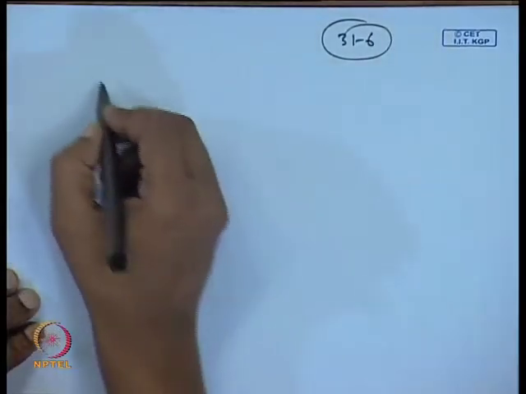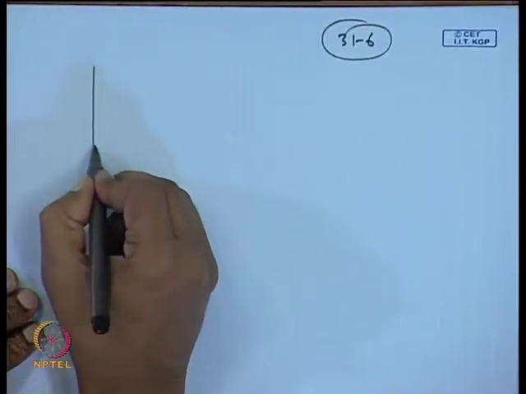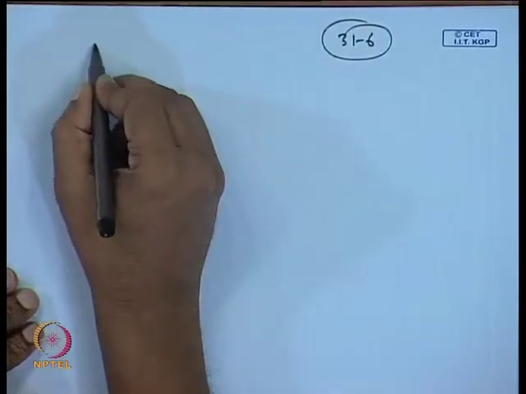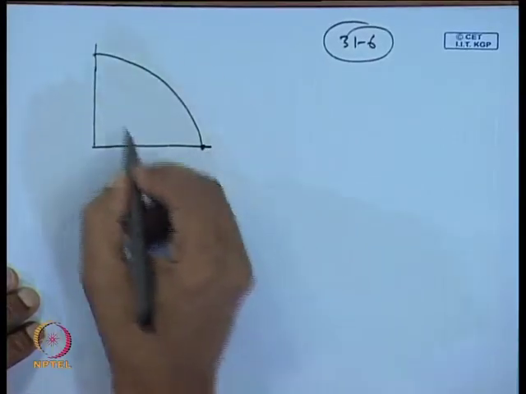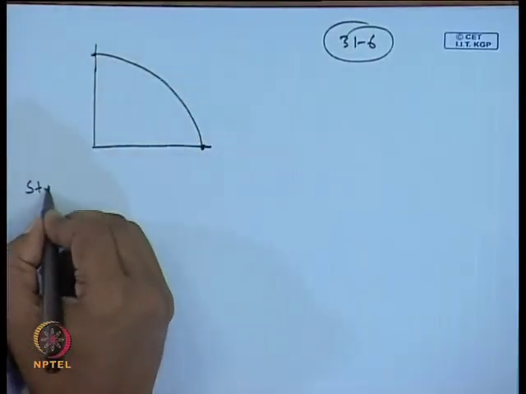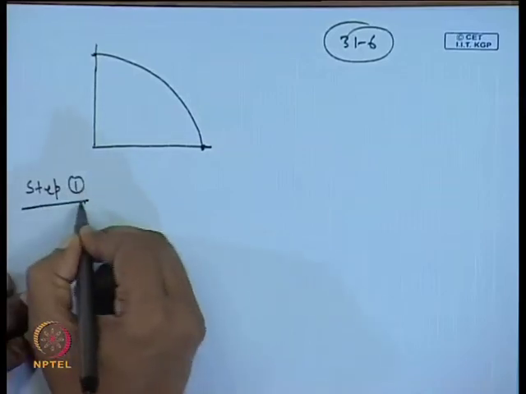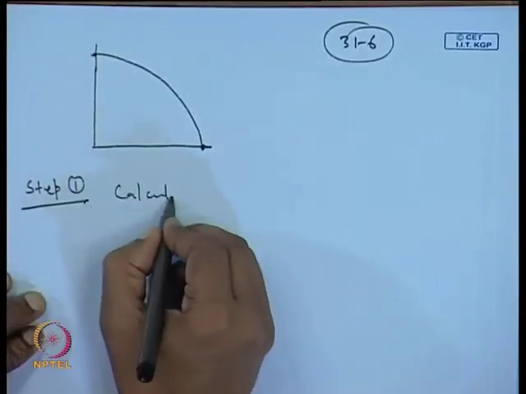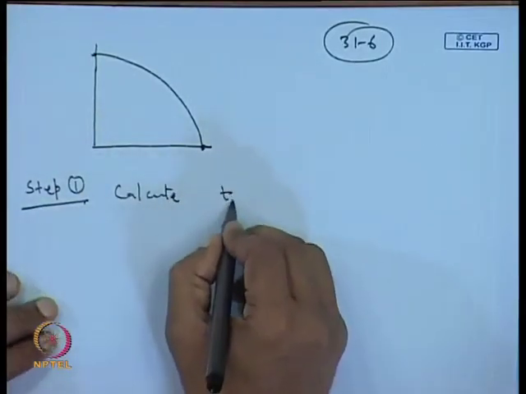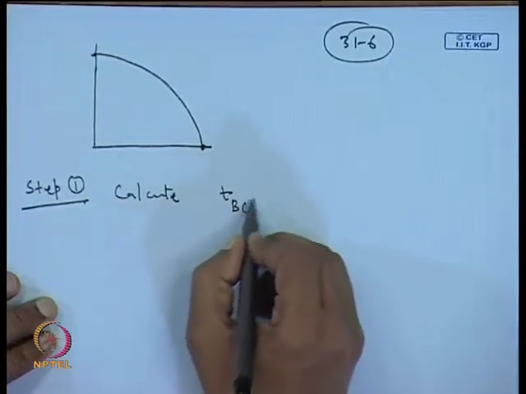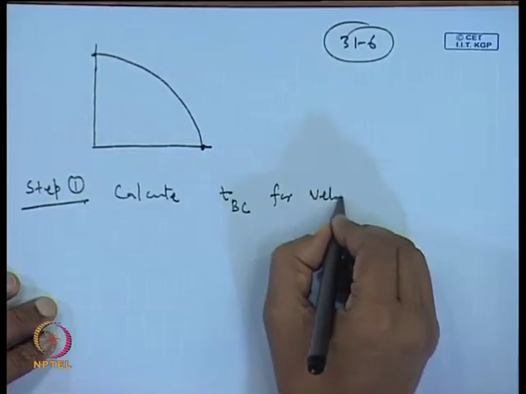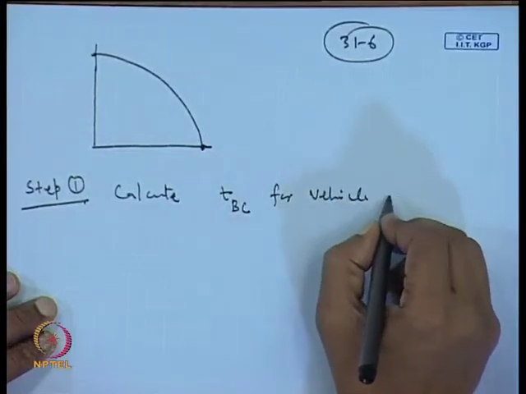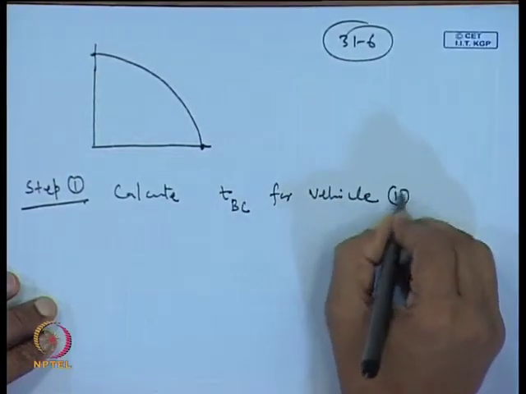So, first of all we will work out, in the yz plane, the time period. So, step 1: calculate TBC, the time taken to go from B to C for vehicle 1.